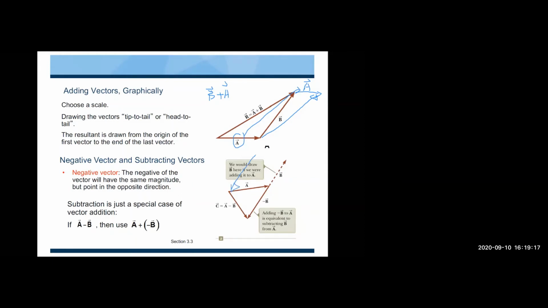Minus B vector plus A vector, it would be this vector. This is the final one. And this final vector would be identical to this C vector, which is A minus B. So that is how we consider the minus vectors or the negative vectors. Subtracting vectors is just the addition of a negative vector, if you like. So that is how we consider the subtraction of vectors and negative vectors.